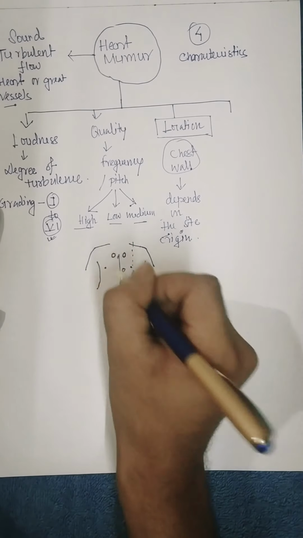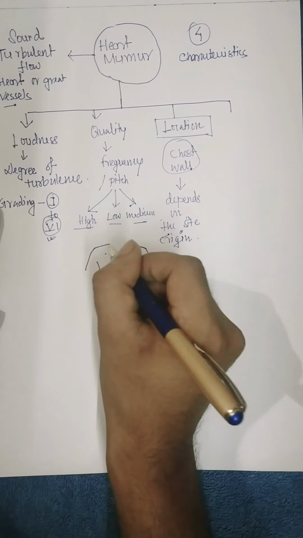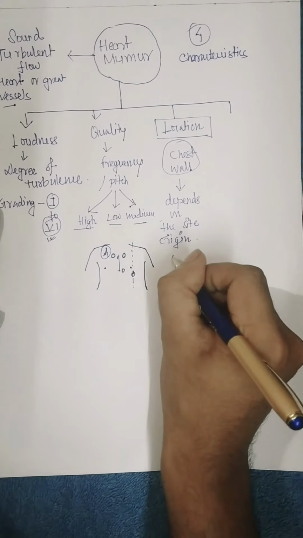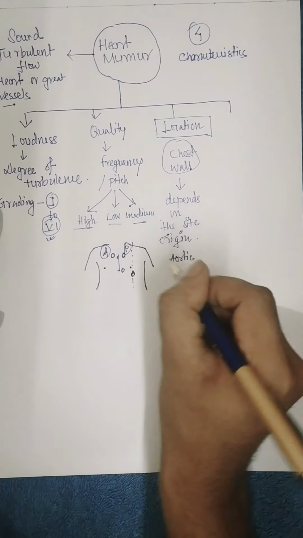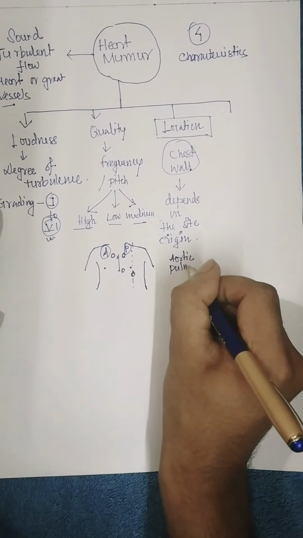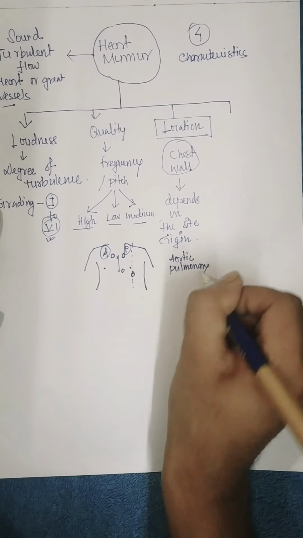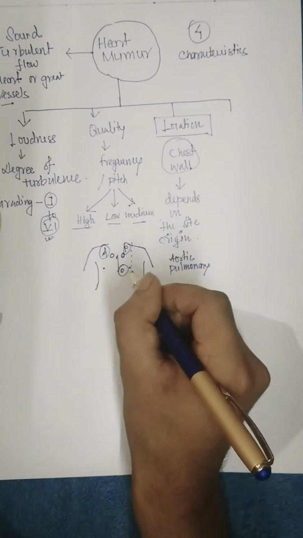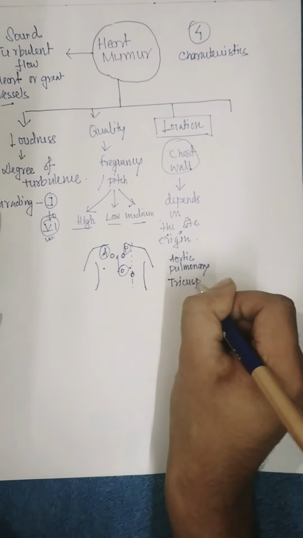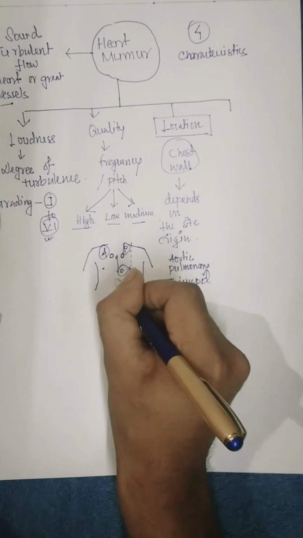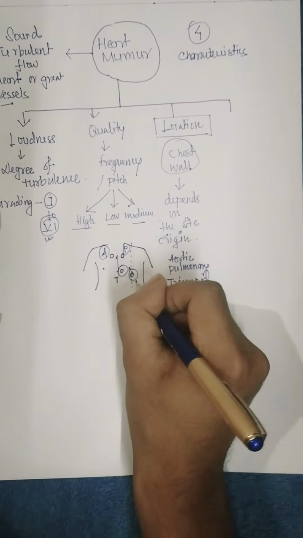So how do we name them? This one is called aortic, this one is called pulmonary, this one is called tricuspid, and this area is called mitral.